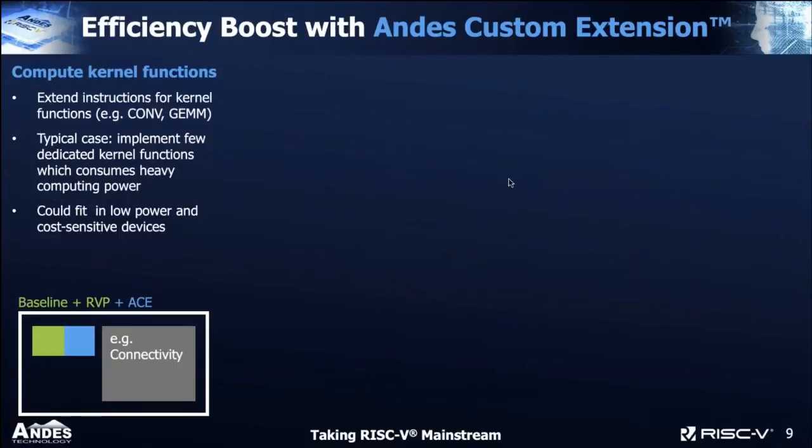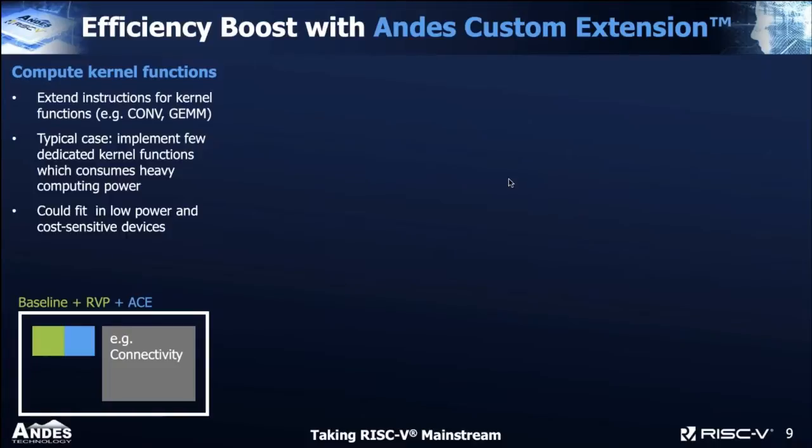So those are some of the standard extensions. We have something called ACE, our custom extension. These allow for custom acceleration of both instructions. You could create custom instructions or perhaps custom data paths.